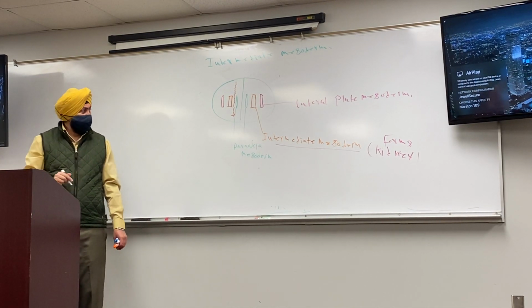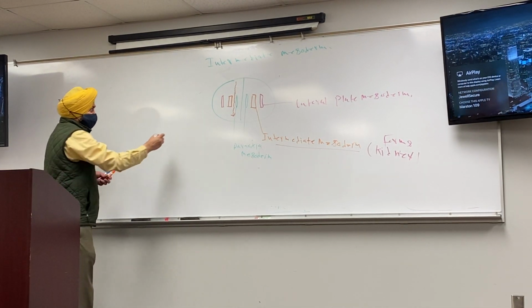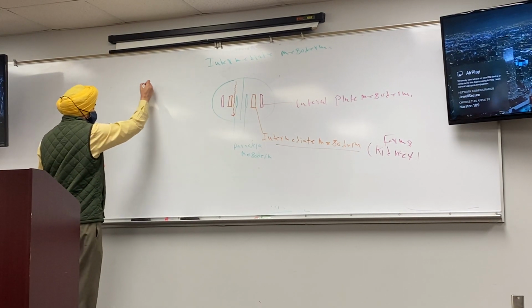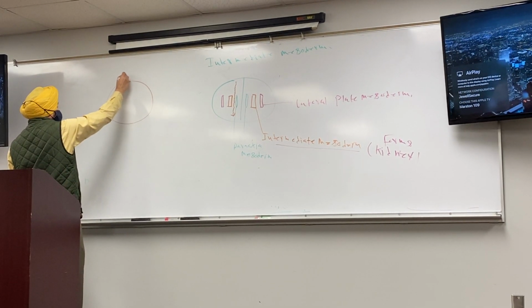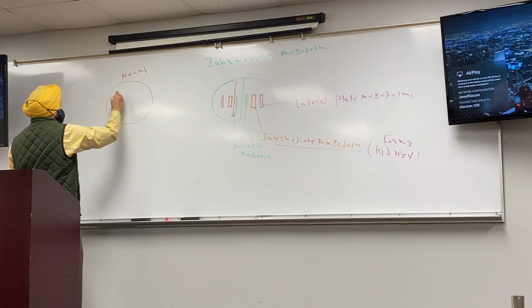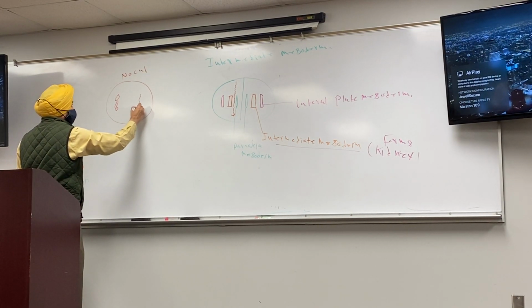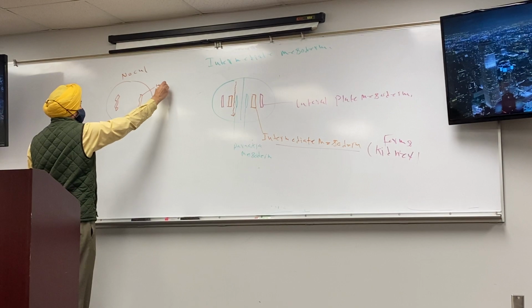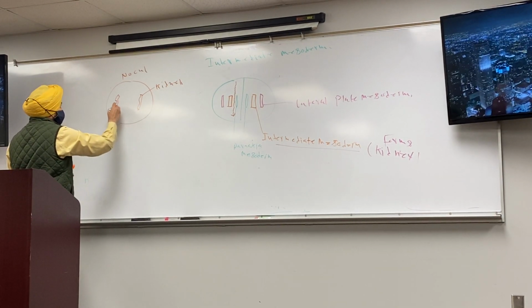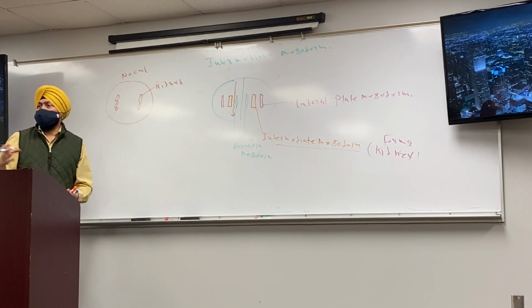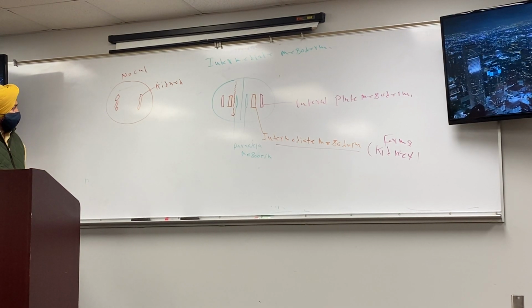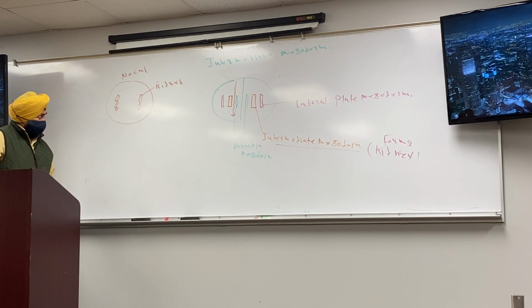Normally, if there is no cut, then you should have a kidney here and a kidney here, right? We have two kidneys. You get two kidneys there.